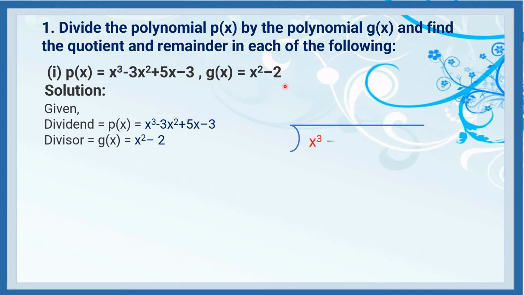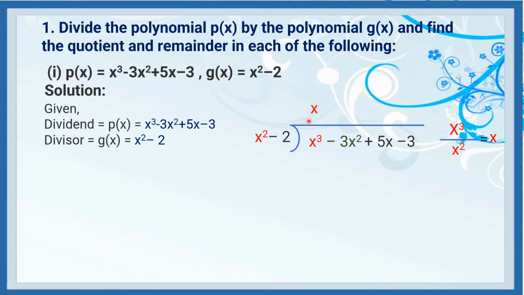So here let us write p of x inside and we should divide this by x square minus 2. Now to find the first term of the quotient, we divide this term by this term, x cube divided by x square. So x cube divided by x square is equal to x. So we write this x in the quotient place.